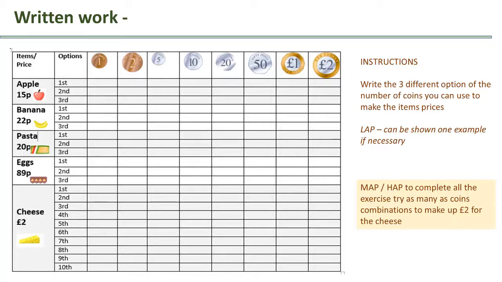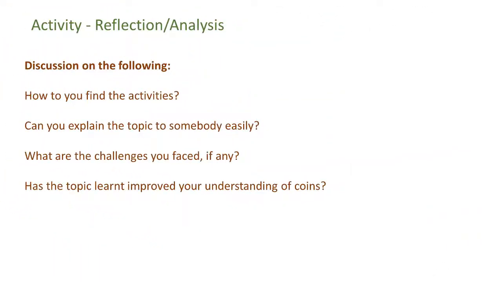The more able children will complete the same activity, but they will have to find as many ways as they can to represent £2, up to 10 ways if they can. After that, the child will reflect and analyze the activity through a discussion by answering the stated questions.